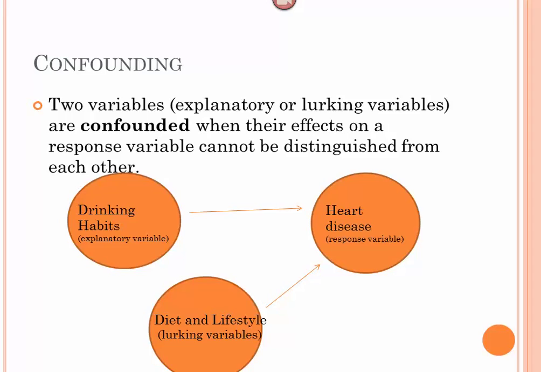A lot of times those studies have been based on observational data, not experiments. And so usually that's the first stage, to look and find an association. And if people really want to know, hey, is, for example, drinking really the one that's having the root effect on the heart disease?